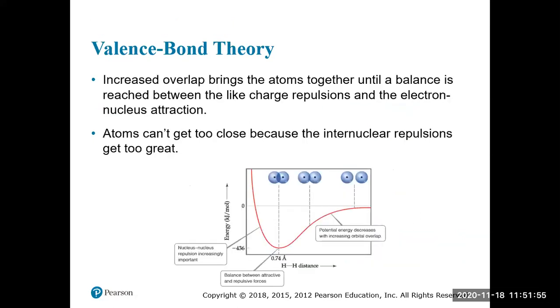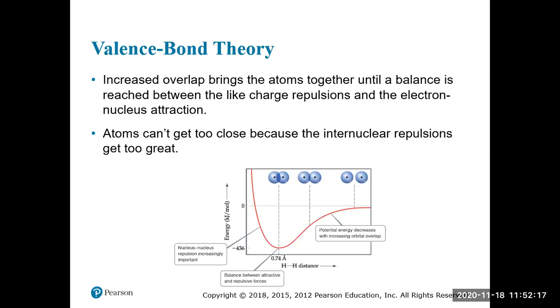So when we talk about this overlap, what we're talking about is finding that place in the energy diagram, and that's what we have down on the bottom here. We want to be at the lowest energy because that's where it's going to be most stable. And so we're looking for the place in terms of the distance between the nuclei.